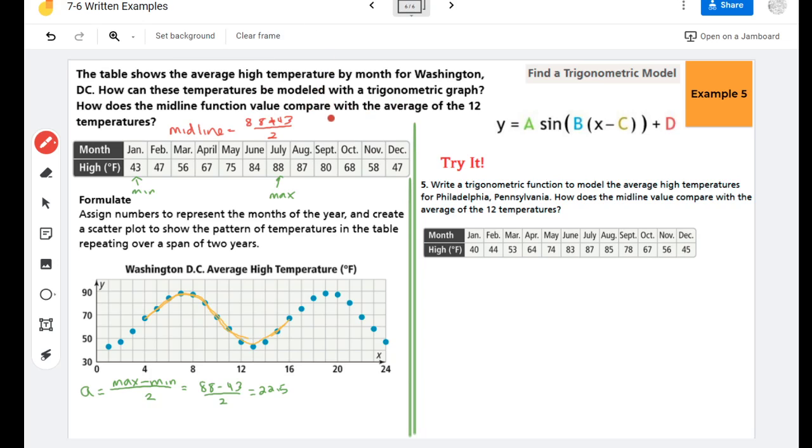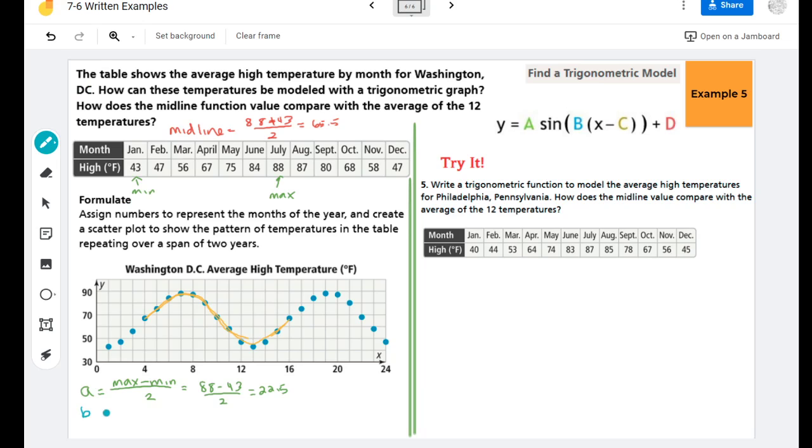And so when I do that, my midline is 65.5. Okay, right? If I do 88 minus 65.5, that gets me 22.5. Okay, so we'll look at that average and compare it to the midline here in just a minute. But let's finish what we're doing here.